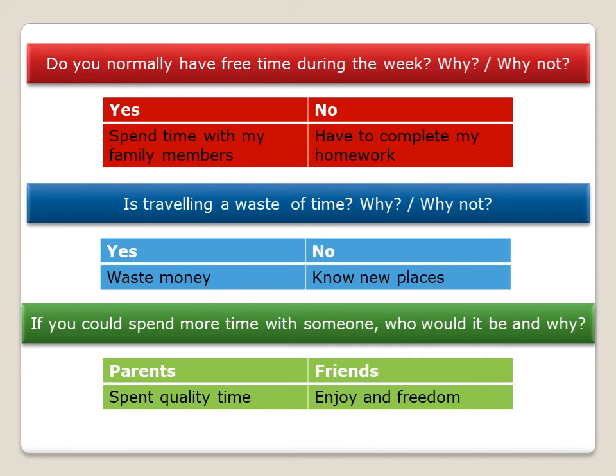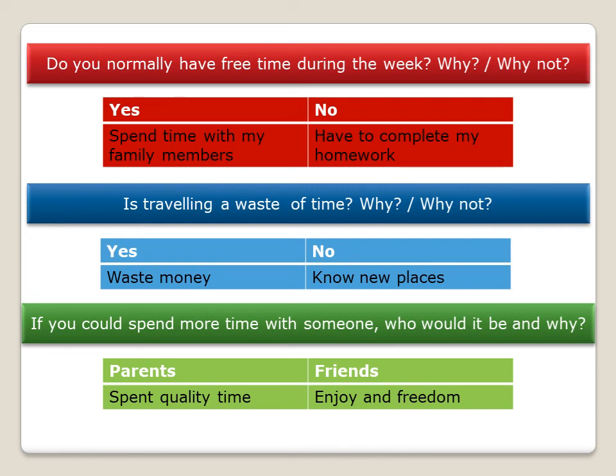All right, students, here are some sample answers that you may use for the questions given to you for the ideas focus. The first one: do you normally have free time during the week? Why or why not? If your answer is yes, then the reason is you may spend time with your family members.